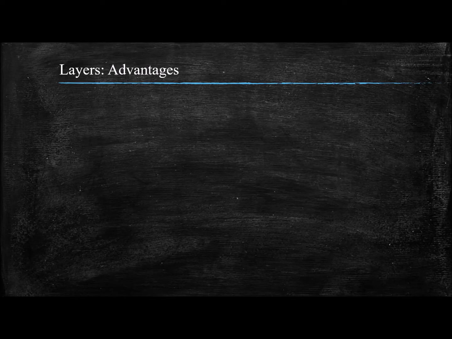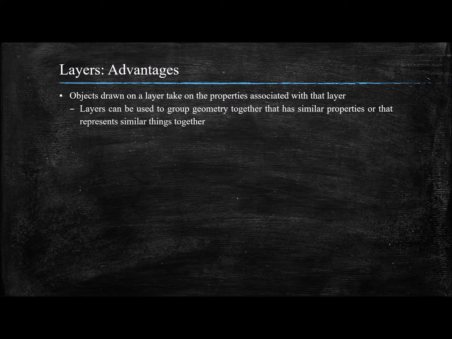Primary advantage of layers is that it helps to organize the drawings. Properties such as the line type, line weight, line color, etc. assigned to a layer are imposed on the objects drawn or placed in that layer. Hence, layers can be used to organize similar entities together.